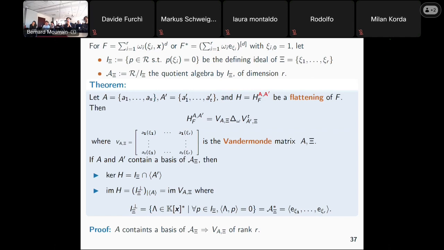And the image of this operator is in the dual. It's the orthogonal of this ideal of points.